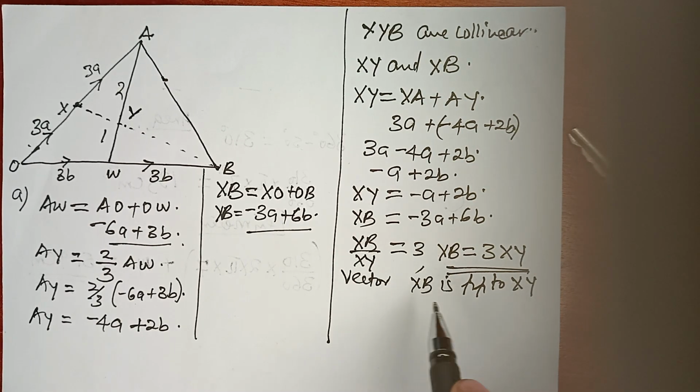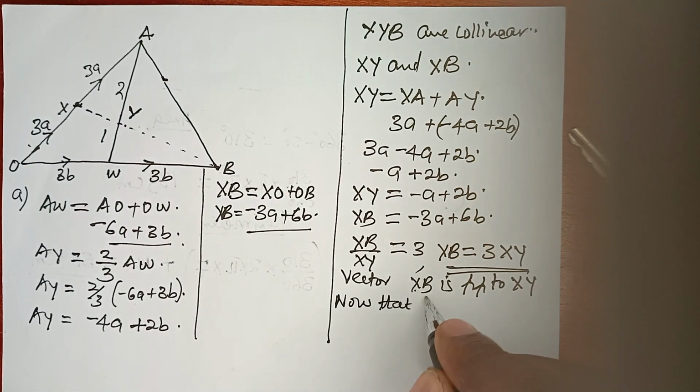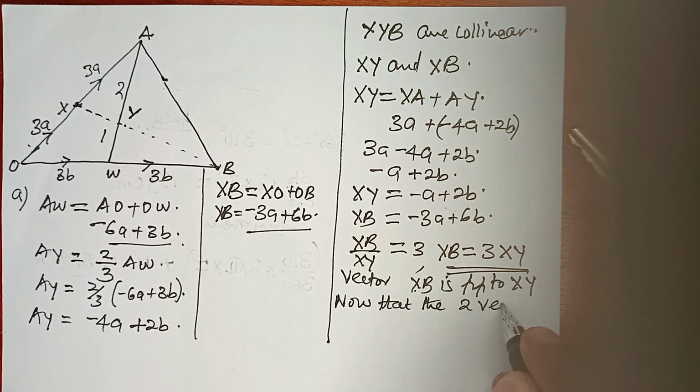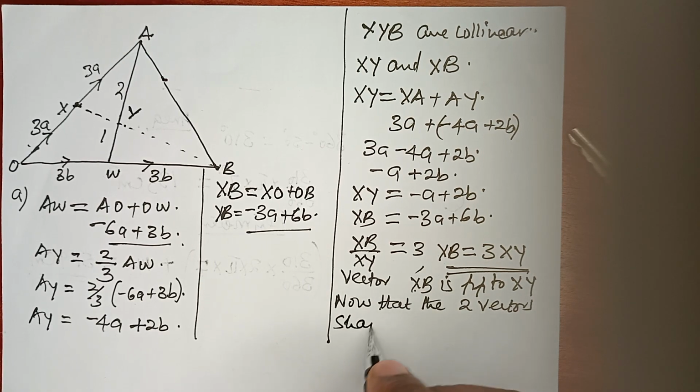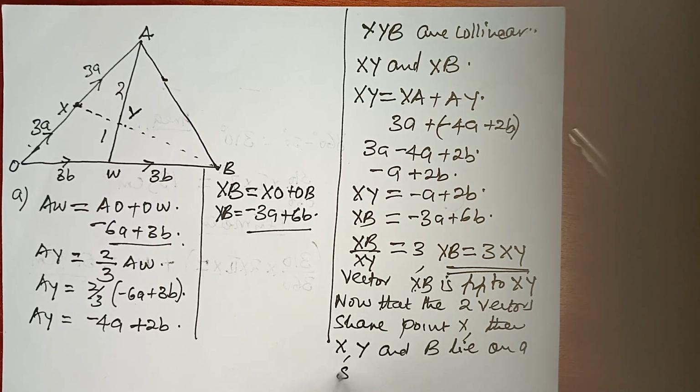And because they both share point X, point X is common here and common there, then X, Y, and B lie on a straight line.